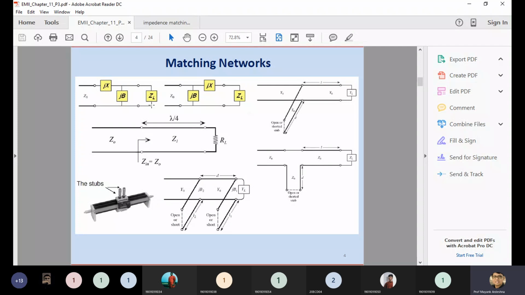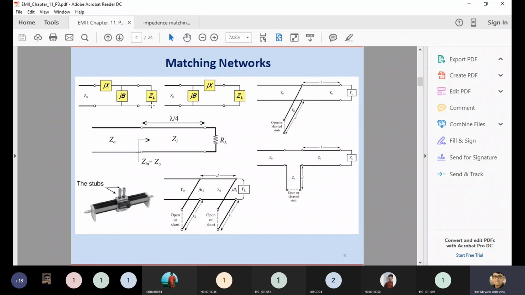The reason is that R is basically a resistance. If you insert some resistance, either in series or in parallel, there is also some voltage drop over here. If there is a voltage drop, you cannot deliver the maximum power. But you can use a combination of RL or RC, whatever the box you can see over here, jX or jB.